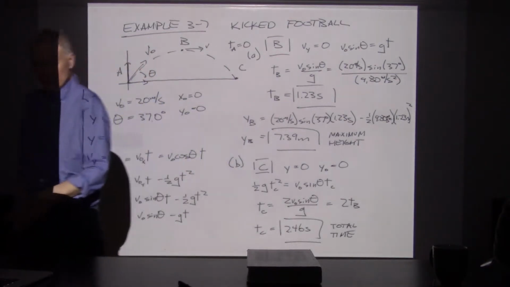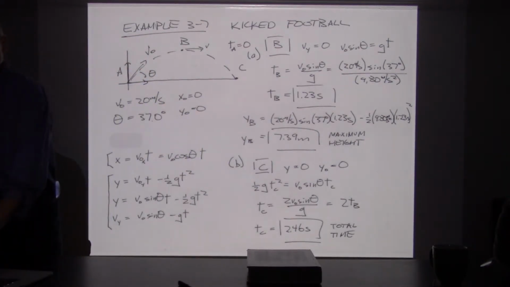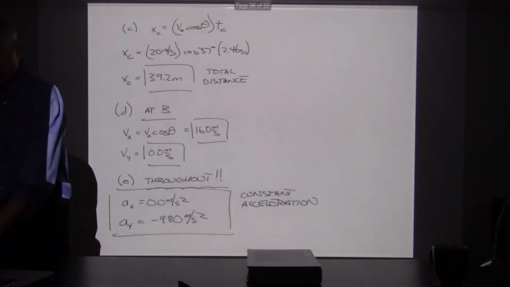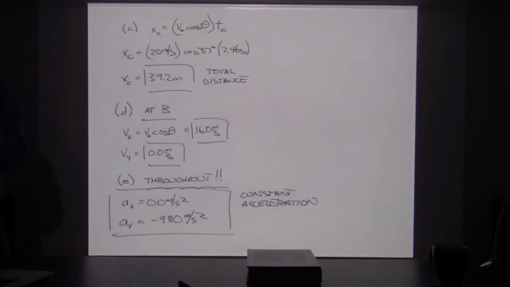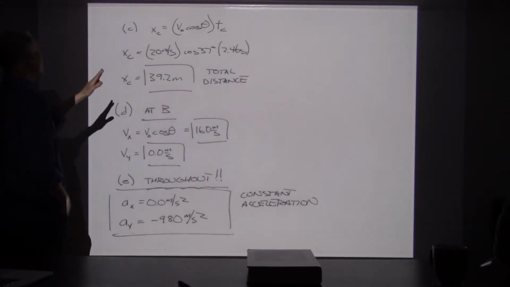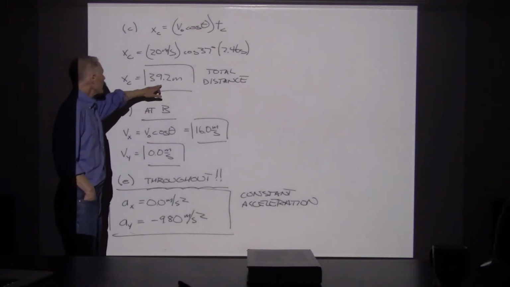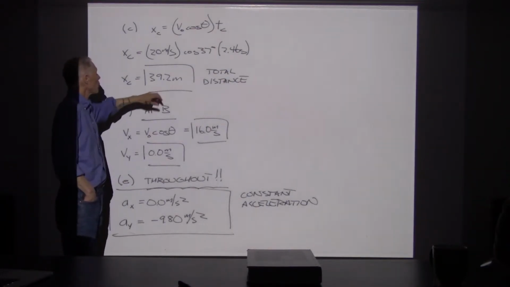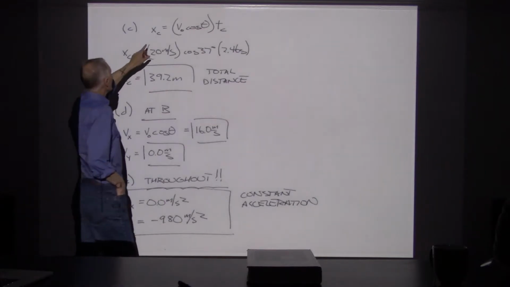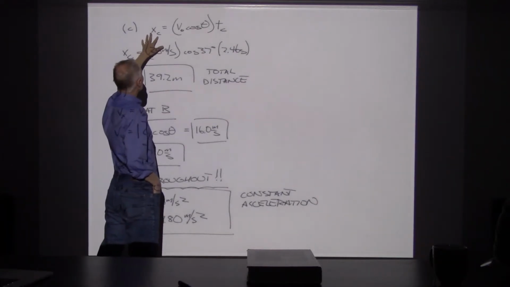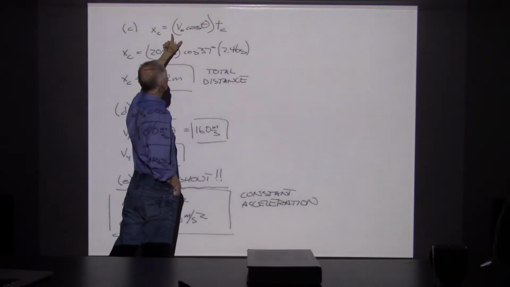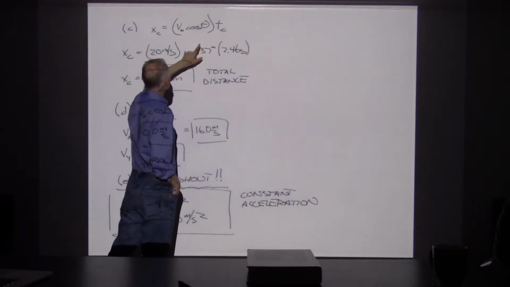What are the kind of things that they want to know about? We're looking pretty good here. Let's see. How far down range, that's going to be really important. So we can say that the x formula is just constant velocity: v naught cosine theta times t.